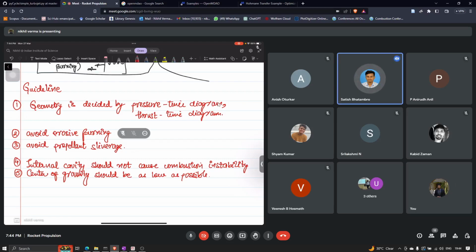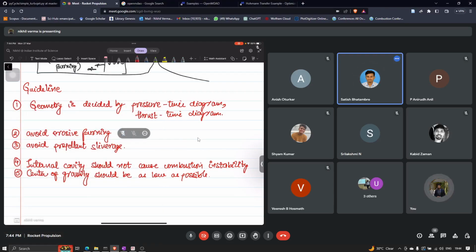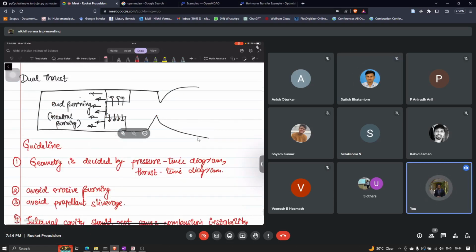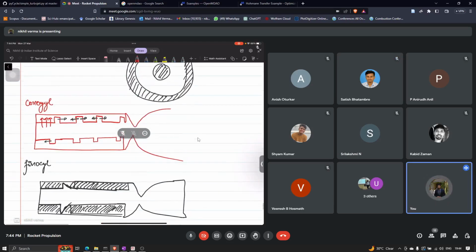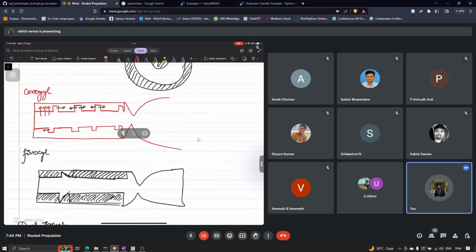Sir, I have one doubt. Avoid erosive burning, what are the precautions you take? Say you have designed a rocket engine. When part of the propellant is burned from this end, it travels downstream with some velocity, due to which it creates some shear force on the surface.